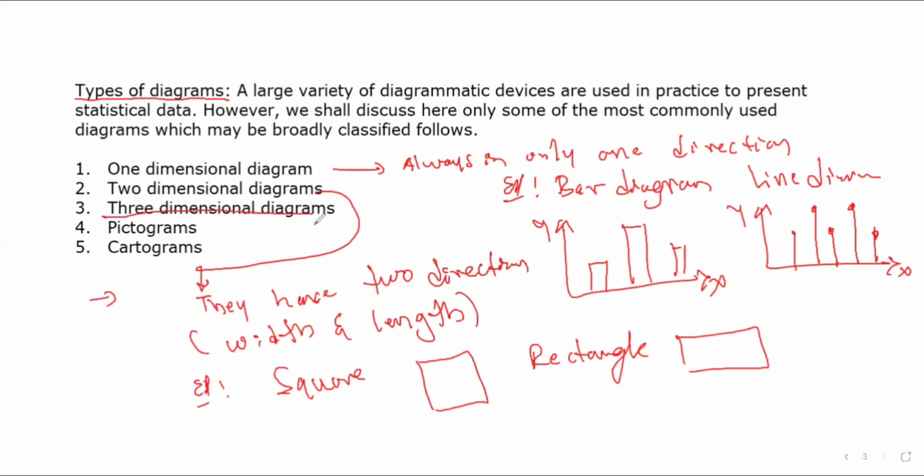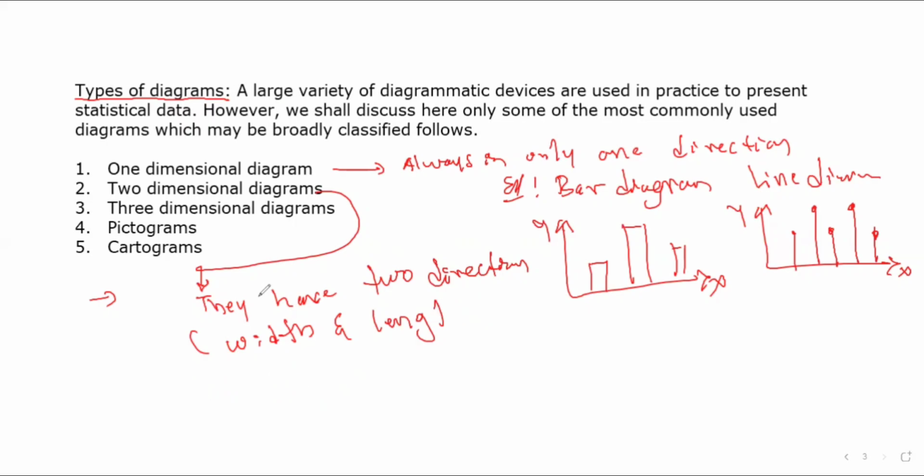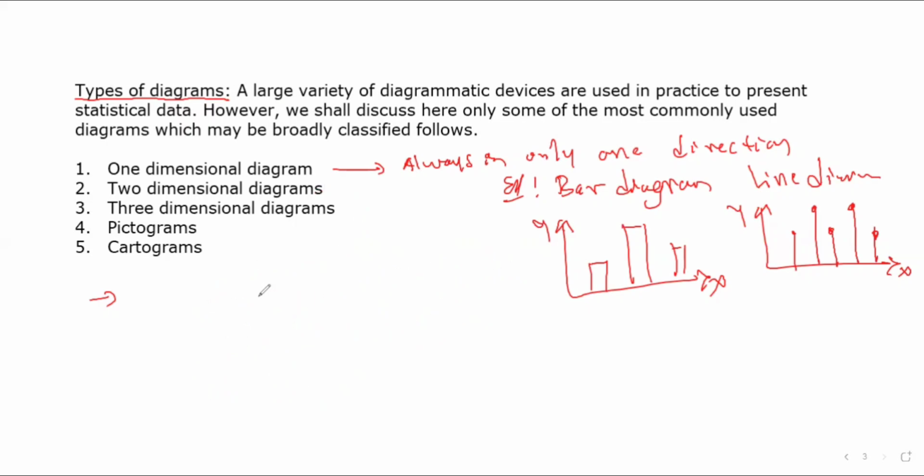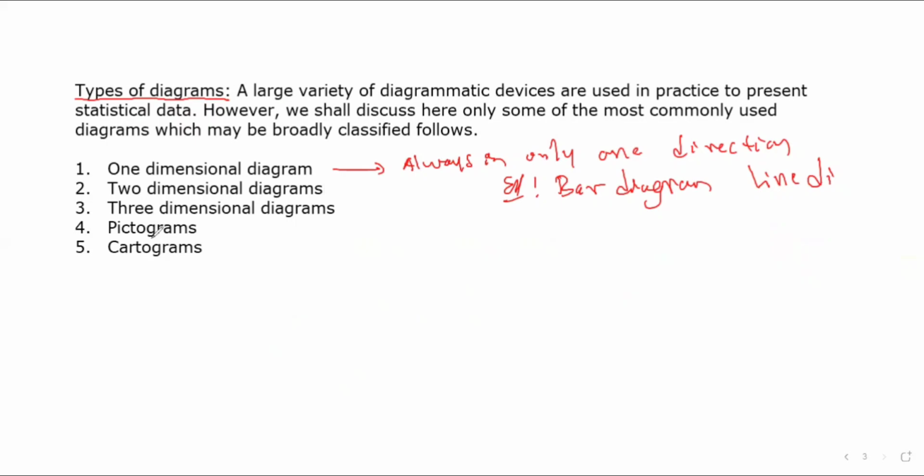Next, three-dimensional diagrams. Three-dimensional means 3D. Usually in mathematics, we have three coordinates, x, y, z. They always have three directions. An example is a cube.